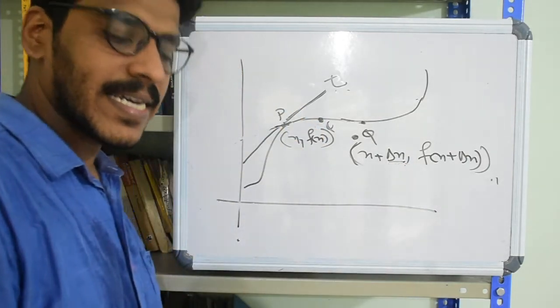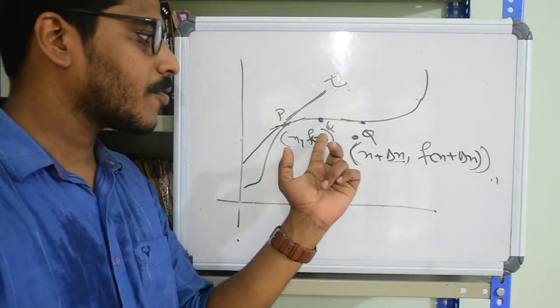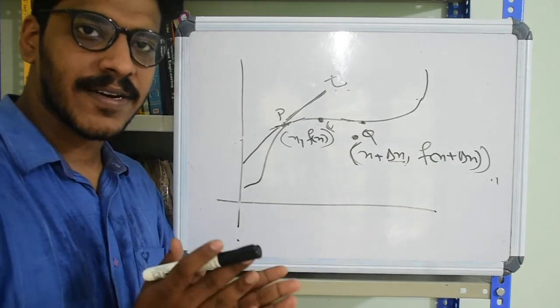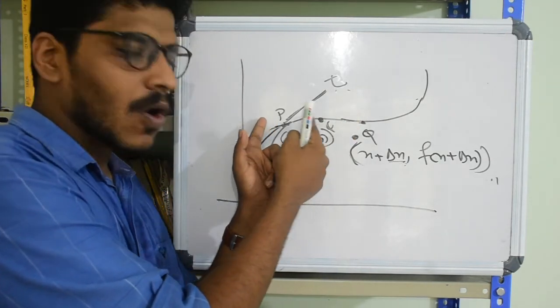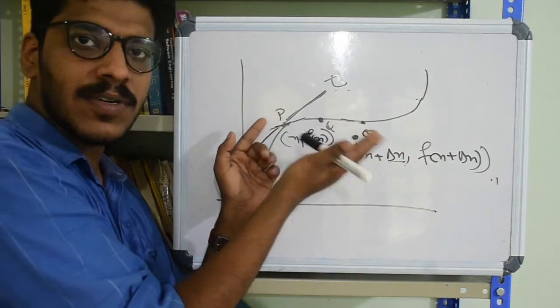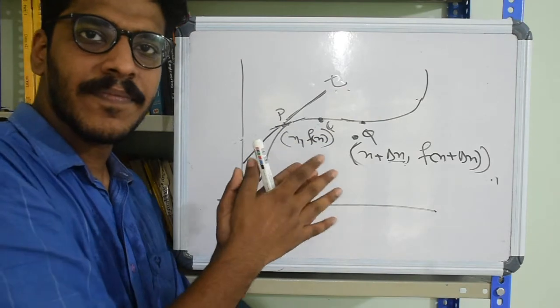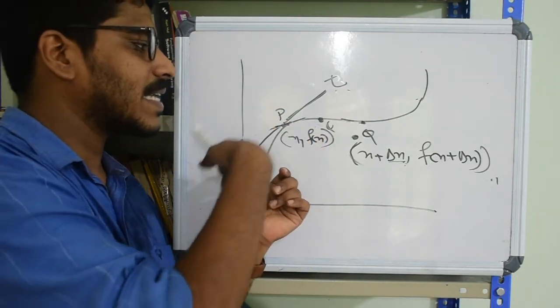Delta x is a very small quantity, which in turn means P and Q are very much nearer. And as P and Q come closer and closer, the secant line will come closer to the tangent line. And once they meet, the secant line will be exactly the tangent line.